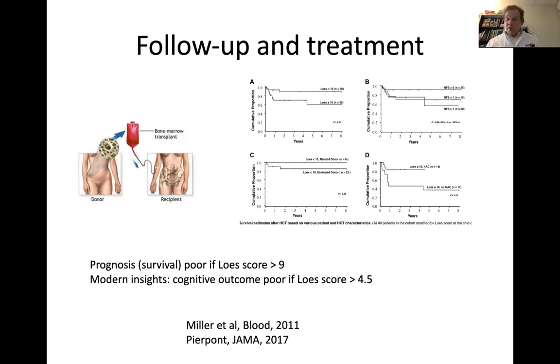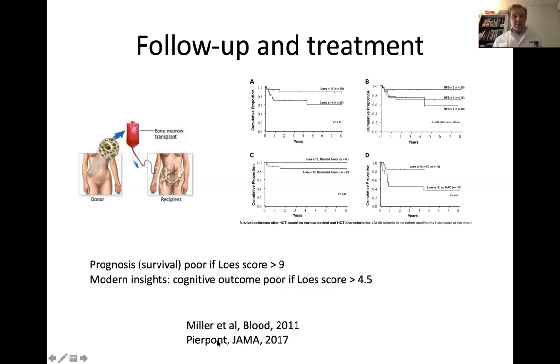The problem is that it takes roughly 6 to 12 months after the transplantation for the leukodystrophy to stabilize. So only those patients who are not that symptomatic, or preferably asymptomatic at the time of diagnosis, are eligible, because we know that if the LUS score is above 9, which is a pretty severe leukodystrophy, then the prognosis, at least for ADL dependence after the procedure, is very poor.